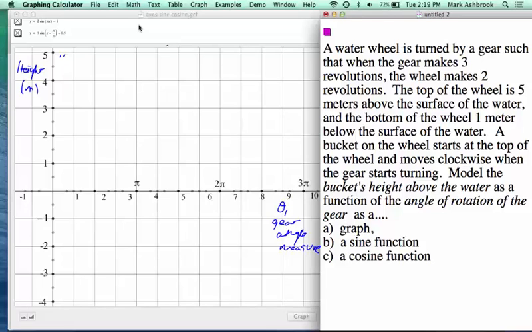Did you get it? Zero. Yeah, so all right, because what's wrong? Because it says when the gear starts turning, that's when the bucket's at the top.